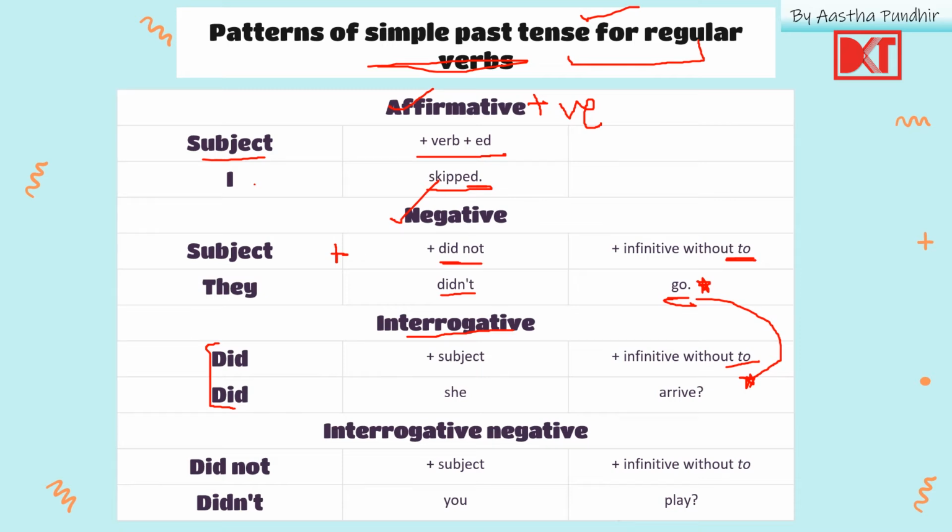So did I arrive? Did you arrive? Did he, she, it arrive? Did we arrive? Did you arrive? Did they arrive? So did and the subject and the infinitive without to.